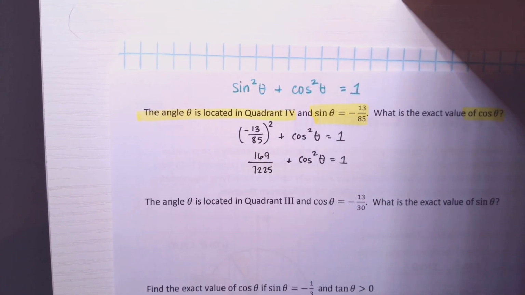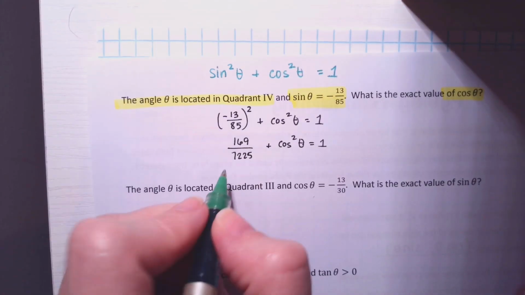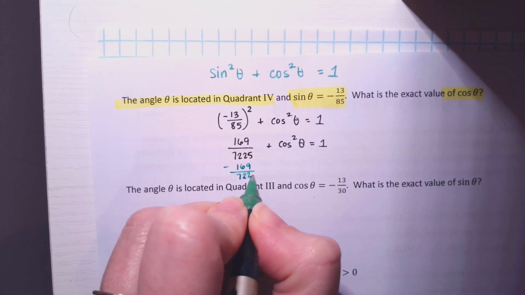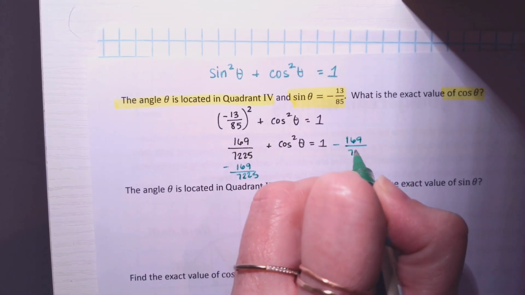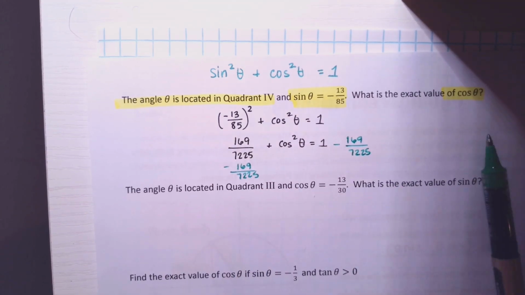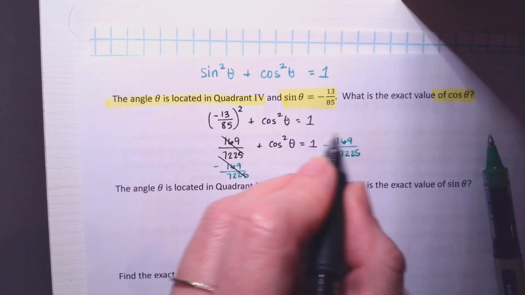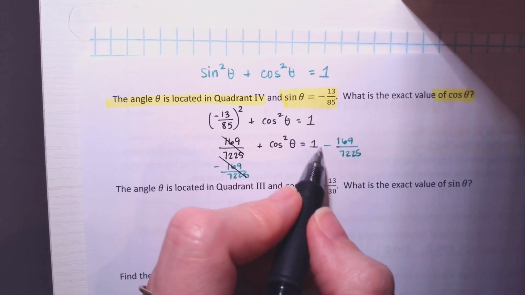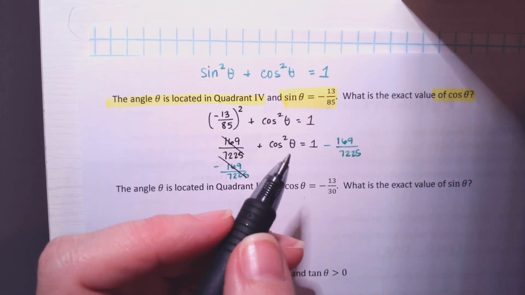Okay. And then from here, again, we're trying to solve for the cosine. Okay, so I'm going to subtract this ugly fraction here. Subtract 169 over 7,225. Okay. Now, I don't think you need an actual calculator to solve this right here. I mean, if you think about it, you can take this 1 and just rewrite it as like 7,225 over 7,225.